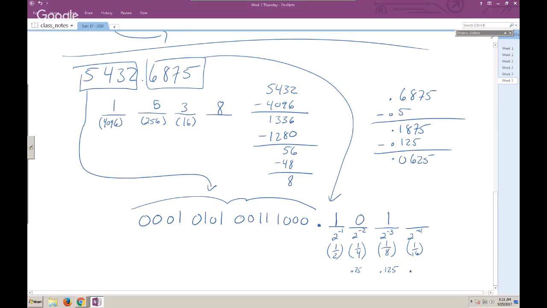What's a 16th? 0.0625. Can I? And then, obviously, if I subtract 0.0625, we're done. Right? Does everybody see how we got that fractional portion? That's one that tends to throw students for a loop a little bit. So I want to make sure you're comfortable with it.